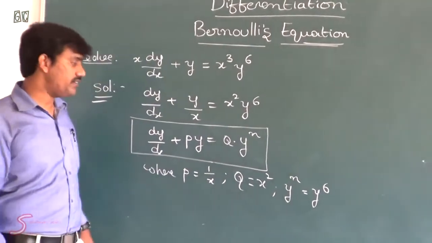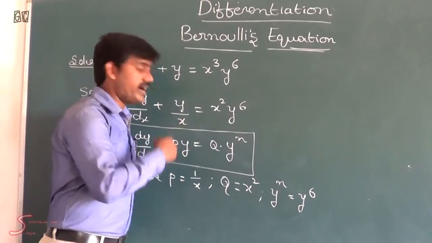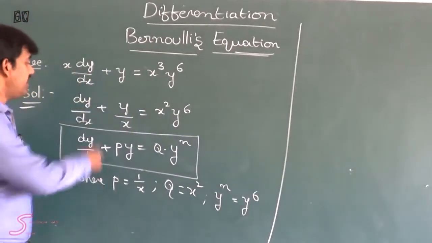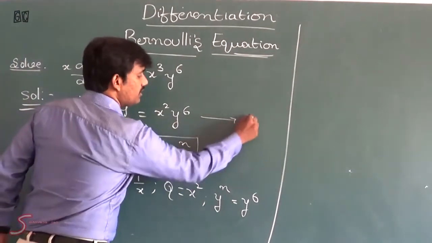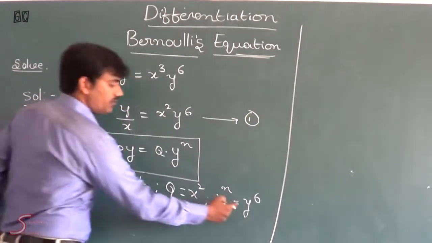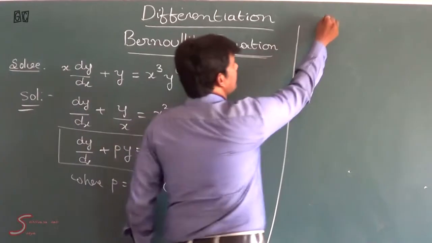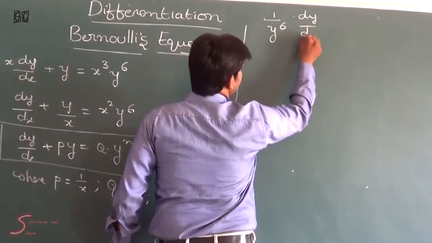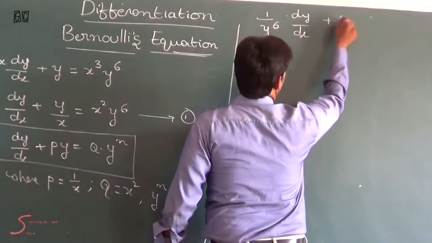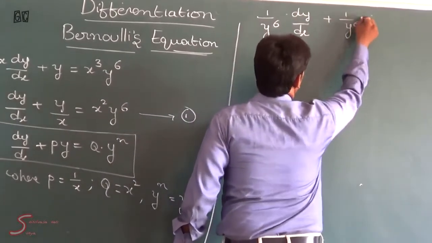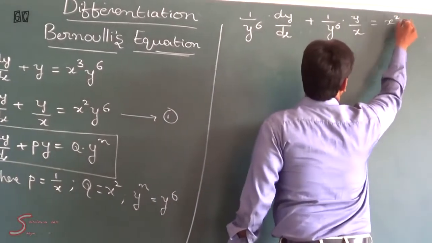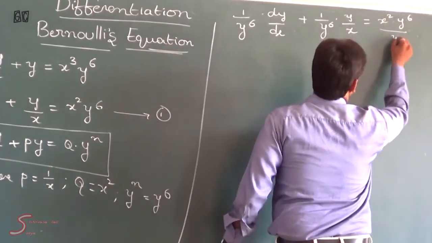After this, we have to divide this equation by y power n. Without loss of generality, I am going to divide this entire equation 1 by y power 6. So we get 1 by y power 6 into dy by dx plus 1 by y power 6 into y by x equal to x square into y power 6 by y power 6.